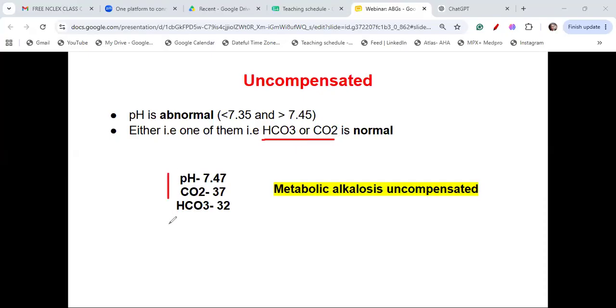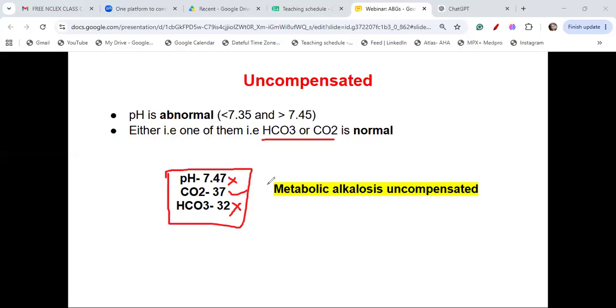A good example is this. pH is always abnormal. You can see it is abnormal. And then one of these is abnormal. So in this case, the bicarbonate is the one that is abnormal. Our CO2 is normal. That is uncompensated.